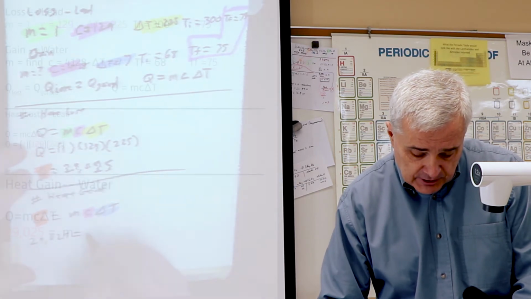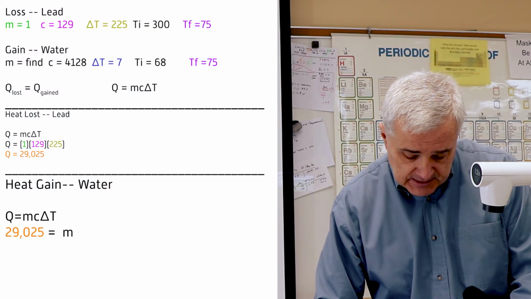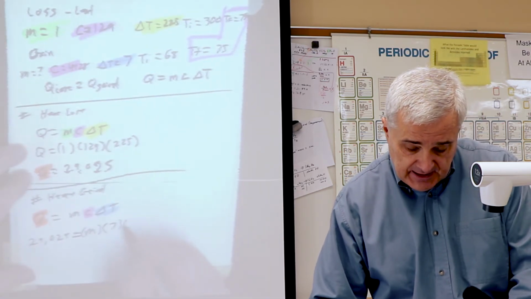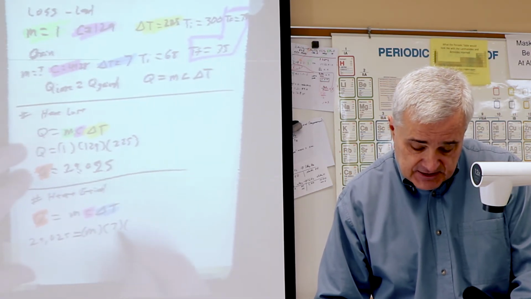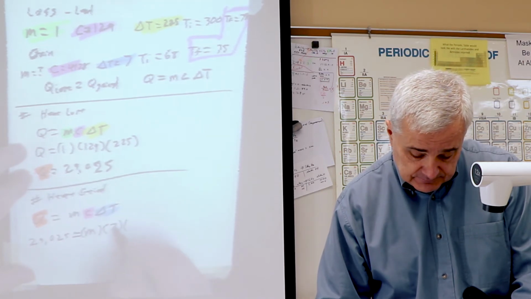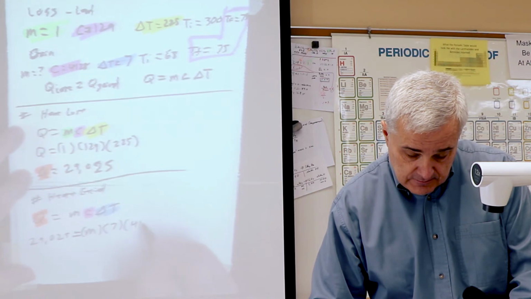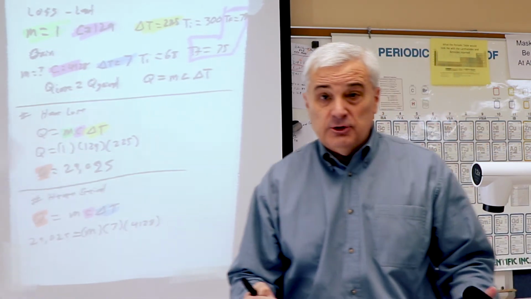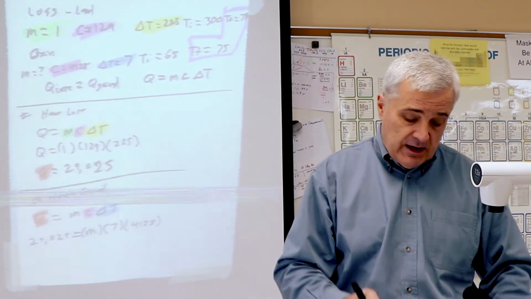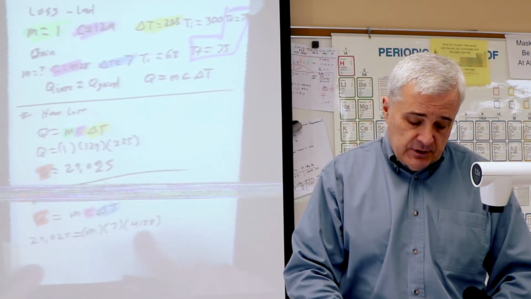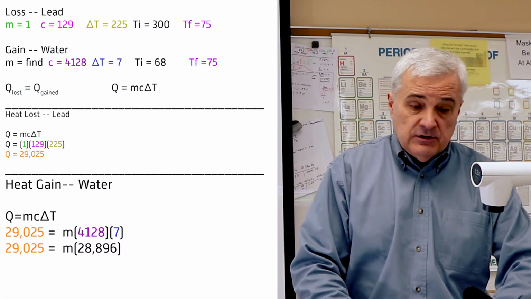29,025 equals, I'm looking for M, times C is 7. And C is not 7. Delta T is 7. Because multiplication has that property, doesn't matter what order you do it in, I'm still fine. Multiply these two numbers, and then I'm going to divide this number by those two numbers.